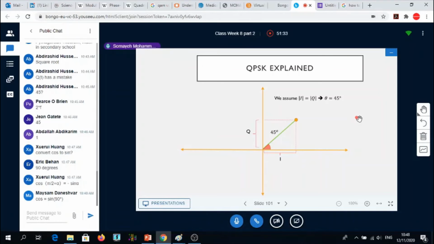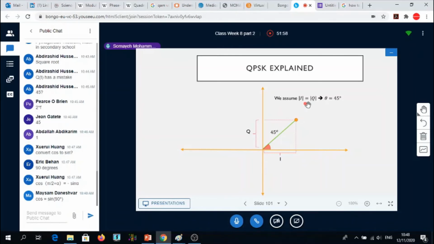Now, if we look at the IQ format again, this point here is called constellation. And I'm going to look at how constellation can differ if I change the phase, but I keep the amplitude or magnitude the same.